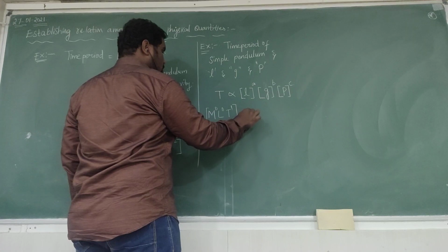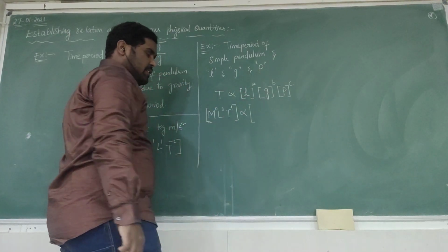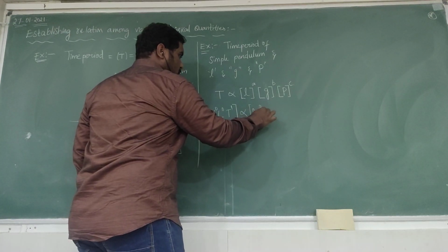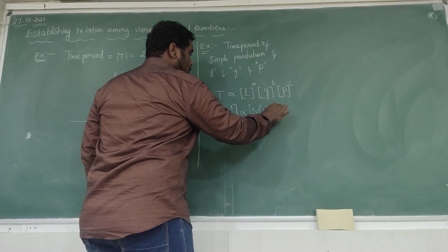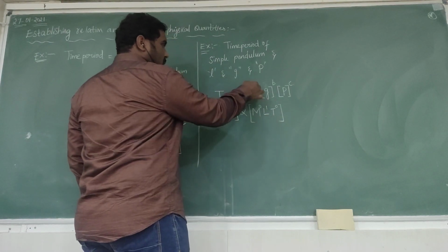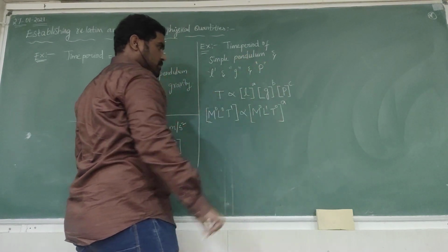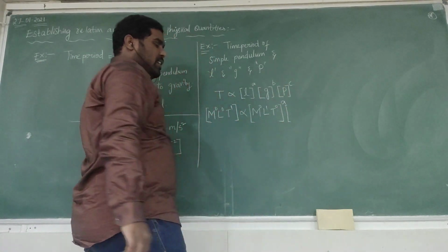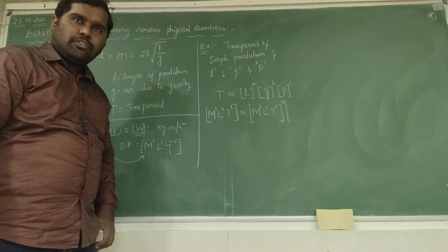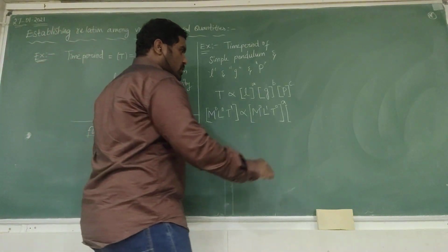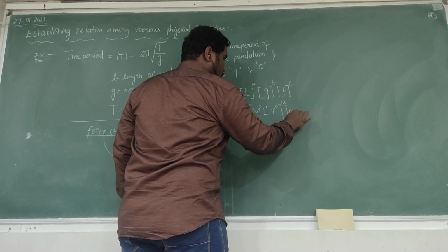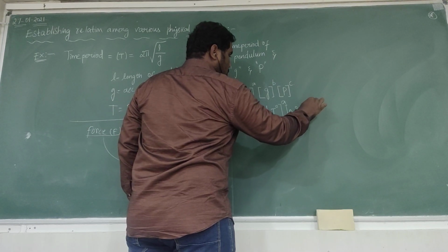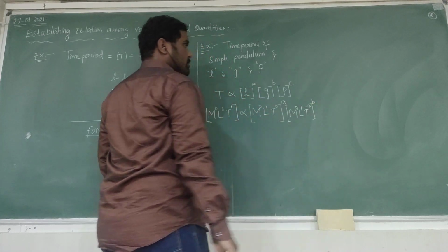length. The dimensional formula of length is M0 L1 T0, and the power is a. Then acceleration due to gravity means acceleration only, so the dimensional formula is M0 L1 T minus 2, power b.